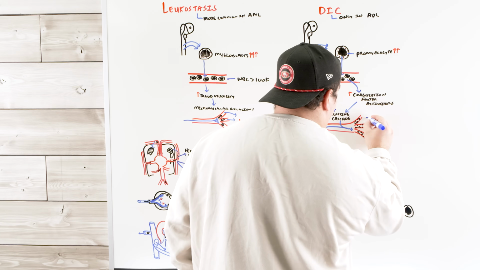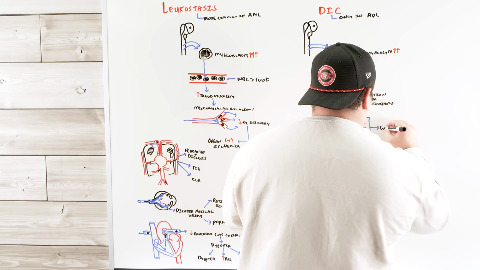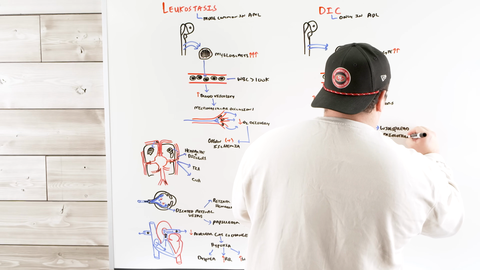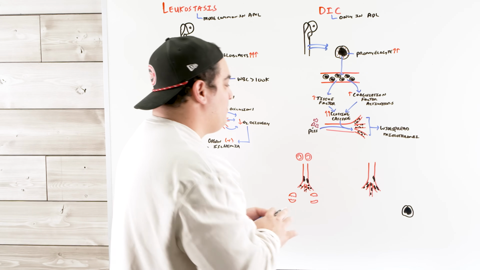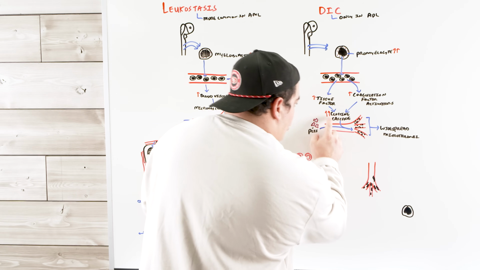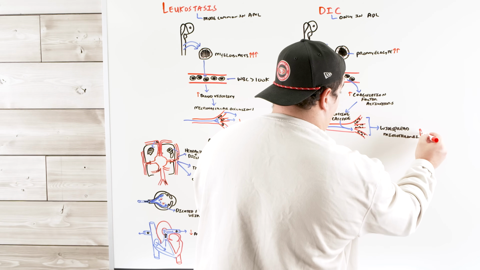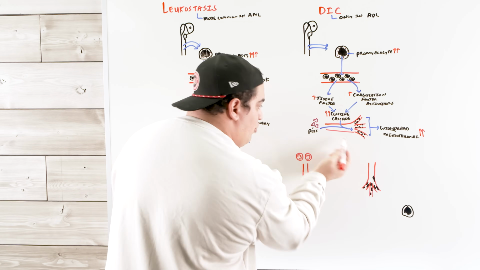But either way, the combination of these two are what I get to form these microthrombi. So now what ends up happening is, in DIC, I get widespread microthrombi. These widespread microthrombi can lead to organ ischemia, but here's the problem. Here's where it really gets bad. When you use these clotting proteins, and I'm talking, you make a lot of these things, dude. You make clots all over the place. You consume your clotting proteins. You consume your platelets.